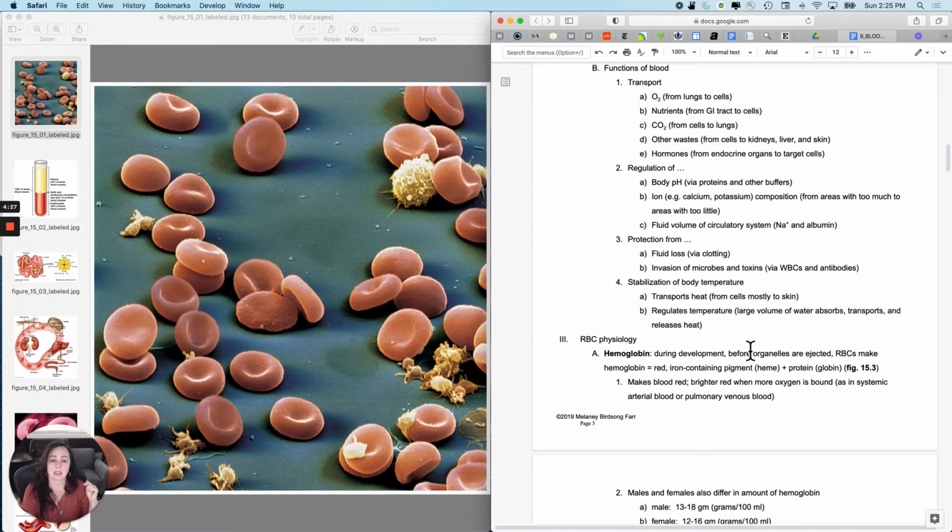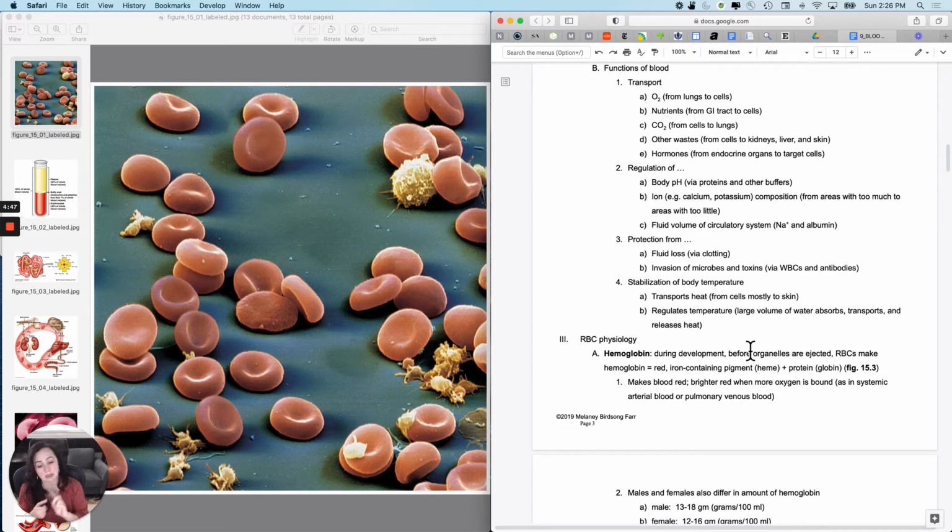And then because blood actually is a fluid that can maintain its own volume via the concentration of sodium in it and also the concentration of a protein called albumin, it helps regulate the fluid volume for the whole body.